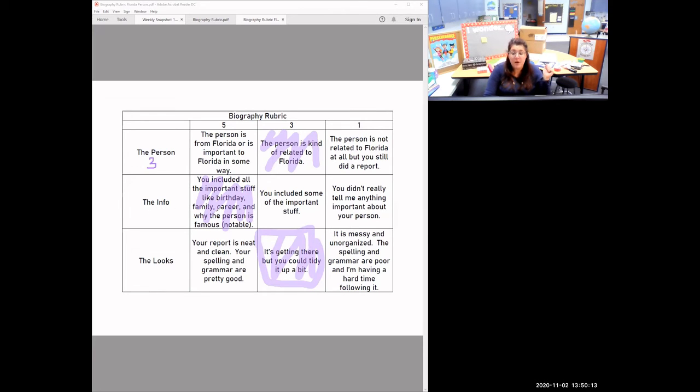And then for the info, I highlighted the box under the 5. So you got 5 points for the info. And then for the looks, I highlighted the box under the 3. So you got 3 points for the looks. And then I'm going to add all of those things together. 3 plus 5 is 8, plus 3 more is 11. So this person, this fictional person, got 11 out of 15 points.